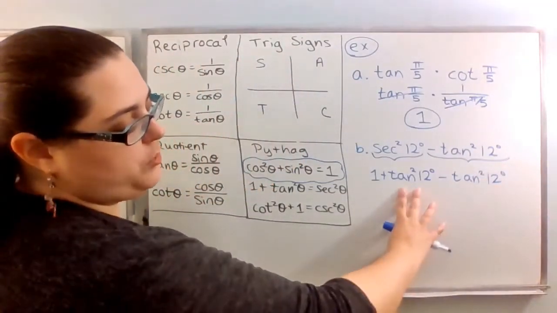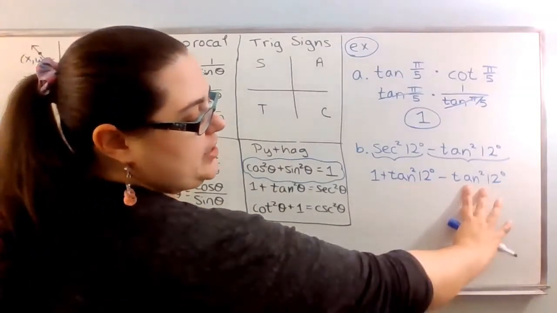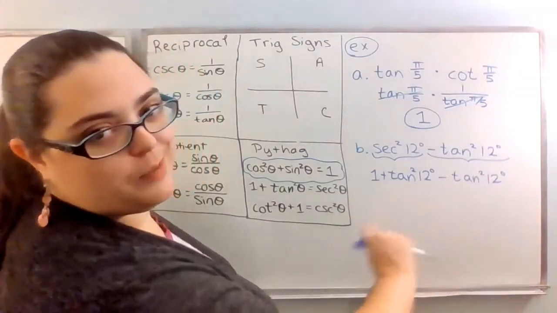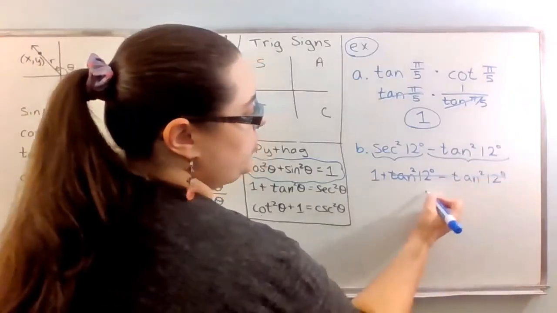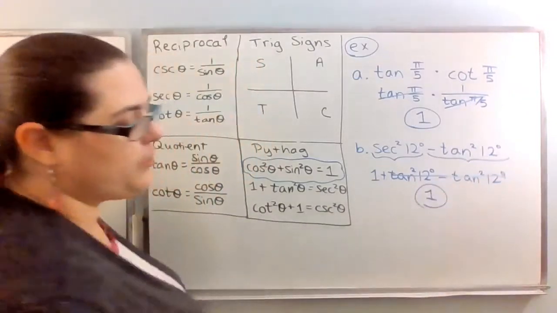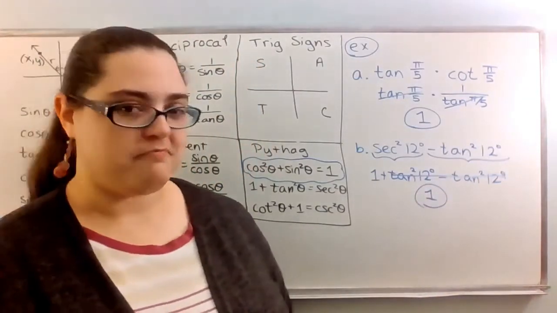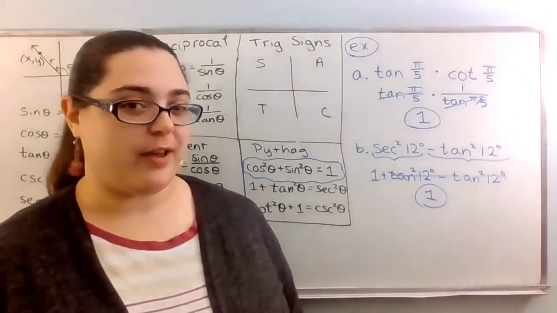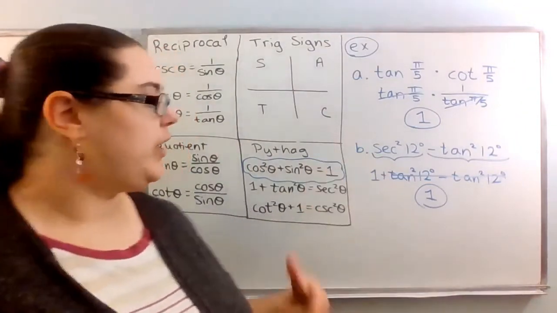Now I have tangent squared of 12 degrees minus tangent squared of 12 degrees. They're the same, they become 0, and we're just left again with 1. So there you go.